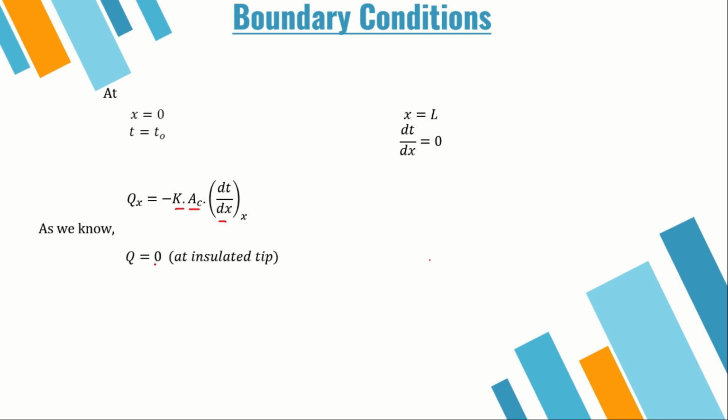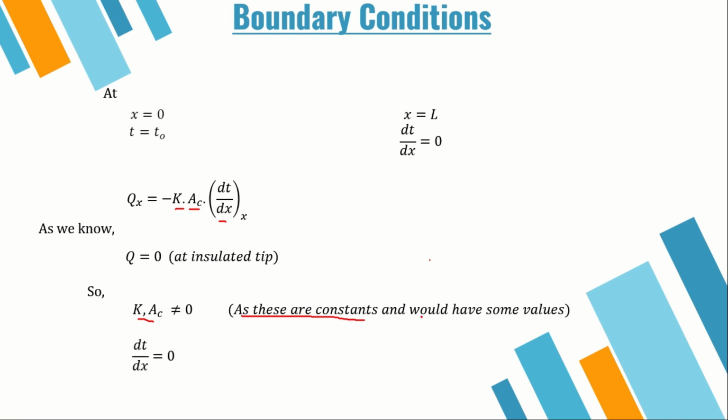As we know, k and Ac, that is conductivity and area of cross section, are constant quantities and they have some values. So these quantities cannot be equal to 0. So we are left with the term dT by dx.